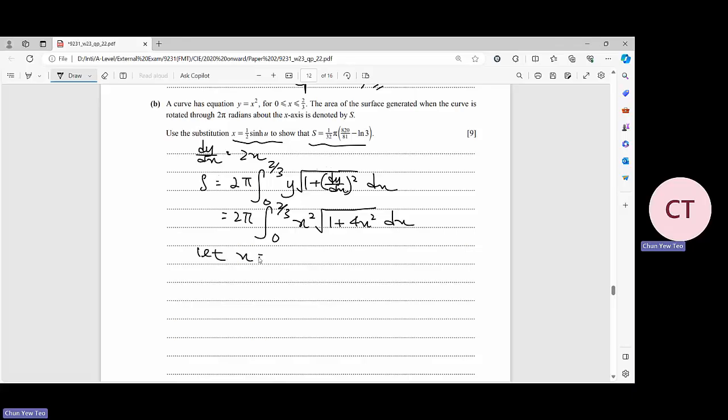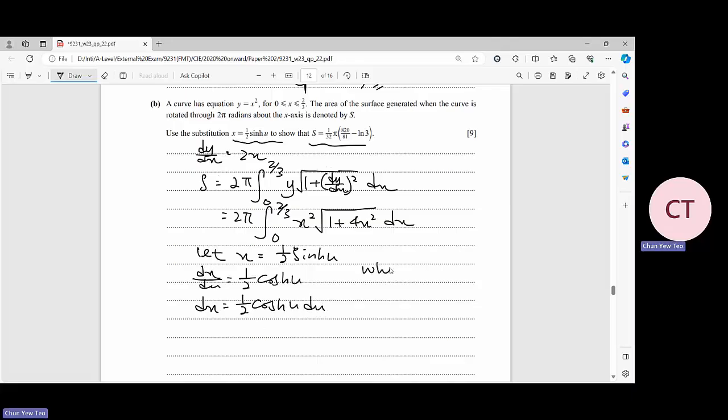So now we let x equal to half sinh u. Then dx/du will be half cosh u, so dx is going to be half cosh u du.